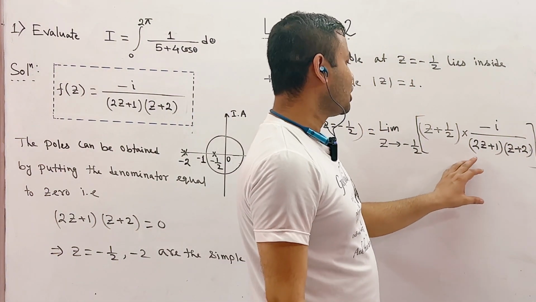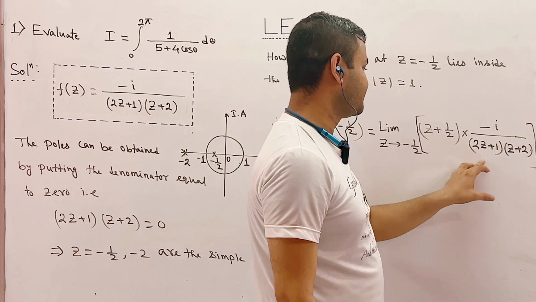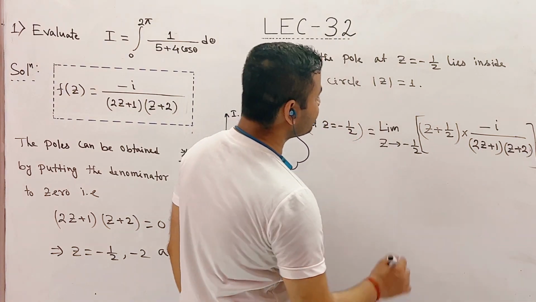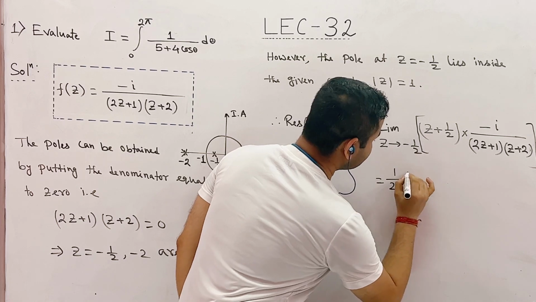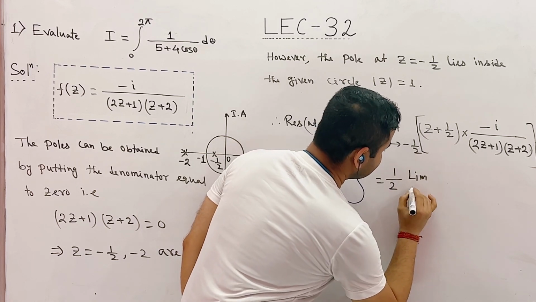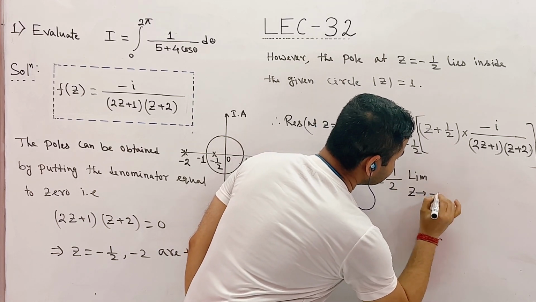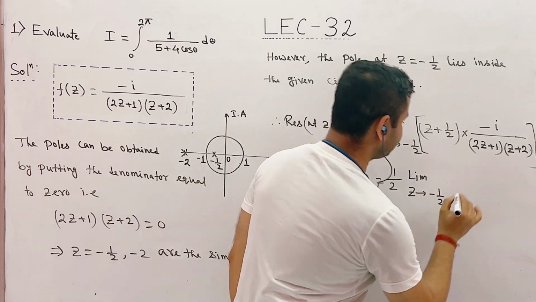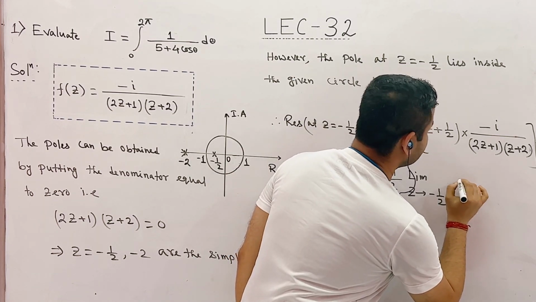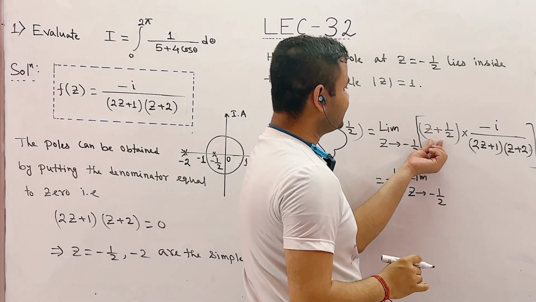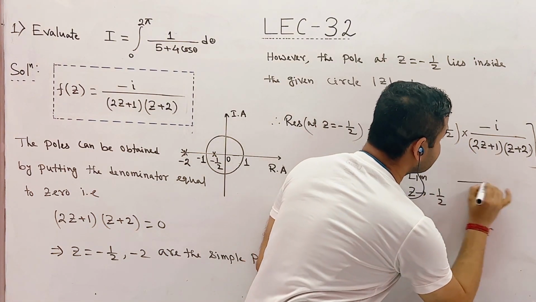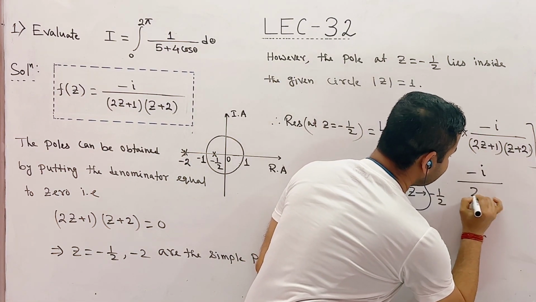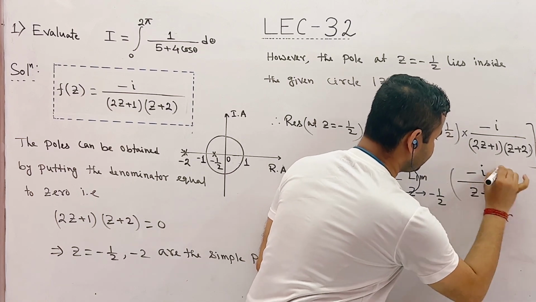Next, let us take common 2 from the denominator of this term. So, finally, we will get 1/2 limit z tends to minus half of (z + 1/2), and z + 1/2 will be cancelled out. So, finally, we will get minus i divided by z + 2.